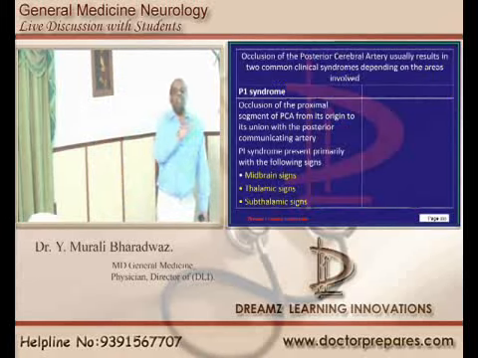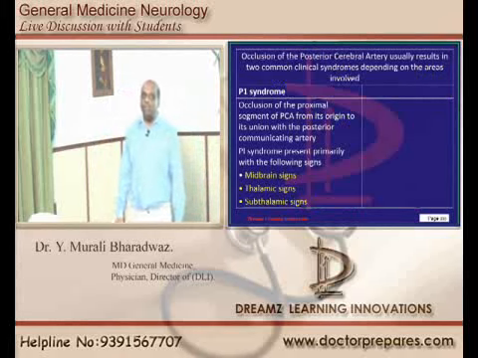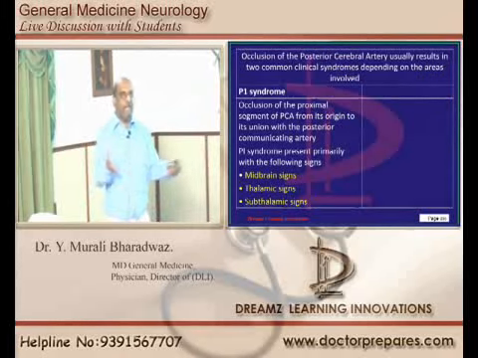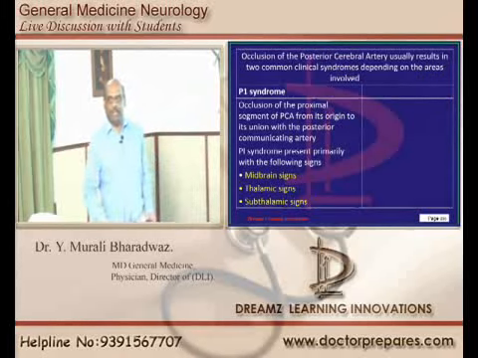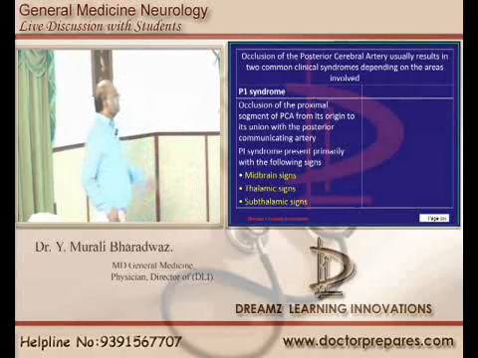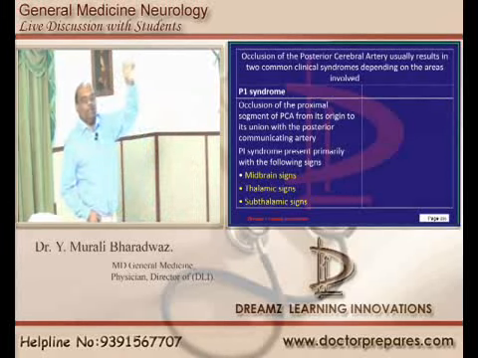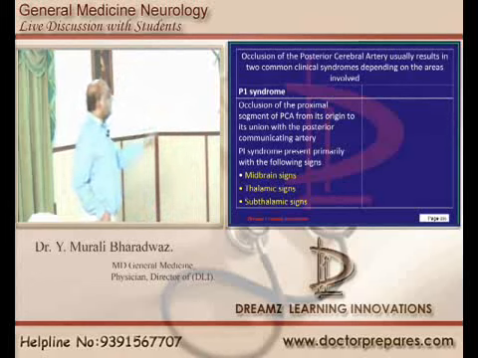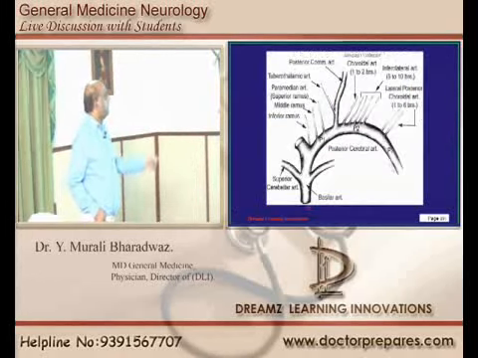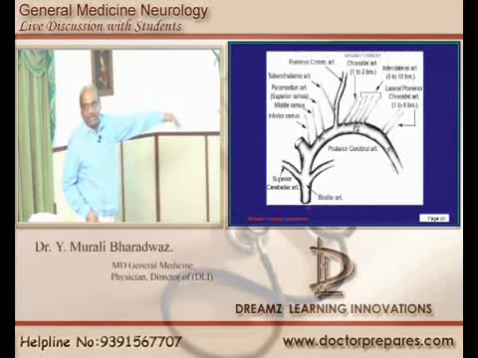Now if you take posterior cerebral artery, the basilar artery divides to form the posterior cerebral artery. Now it is divided into two parts, P1, P2. P1 will supply midbrain, thalamus, subthalamic area. See, this is the basilar artery, doctor. This becomes the posterior cerebral artery.